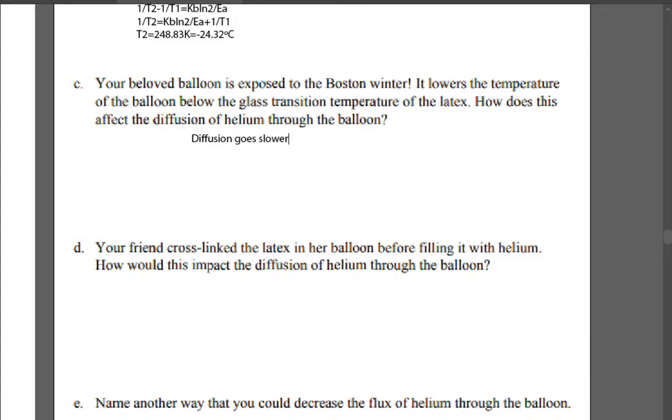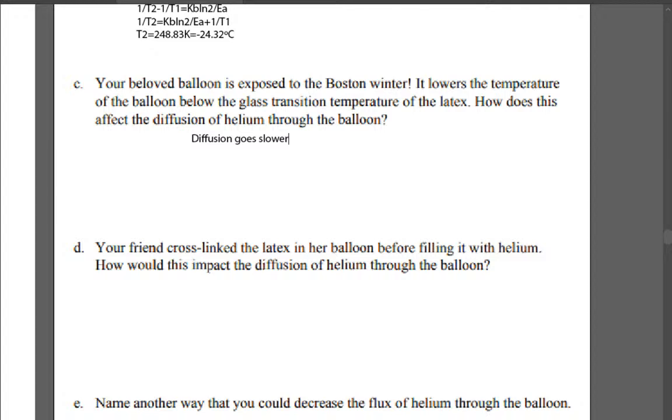D. Your friend cross-linked the latex in her balloon before filling it with helium. How would this impact the diffusion of helium through the balloon? When you just cross-link something, it becomes much stronger.